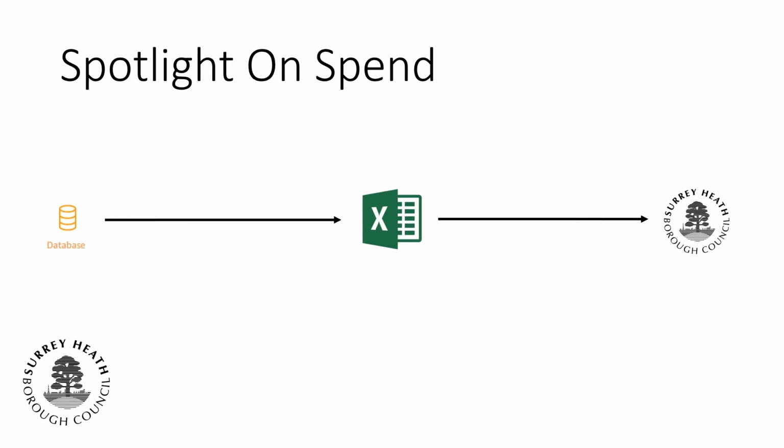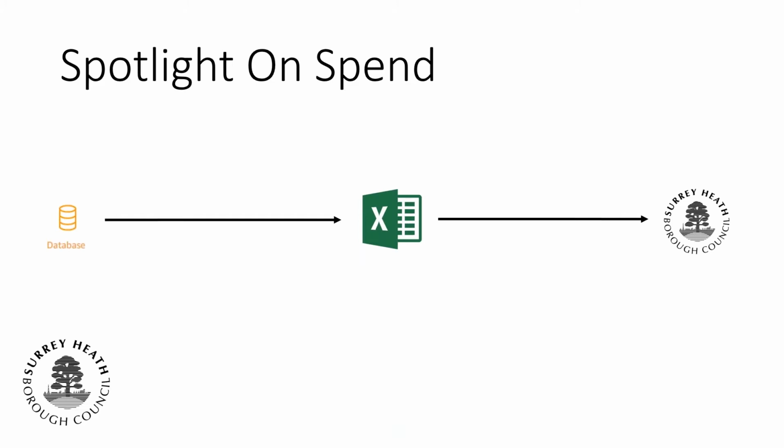And then someone in marketing would upload it to our website, and that would have a download link for members of the public to download. So it was a very manual process. It required at least 3 people to interact with the data in some capacity. And obviously there are lots of problems with that. Someone might be on holiday, etc., etc. So it was always going to be unreliable and give you varying outputs.